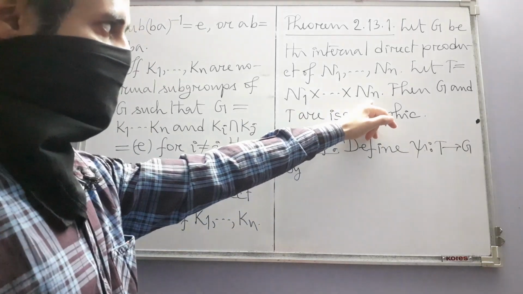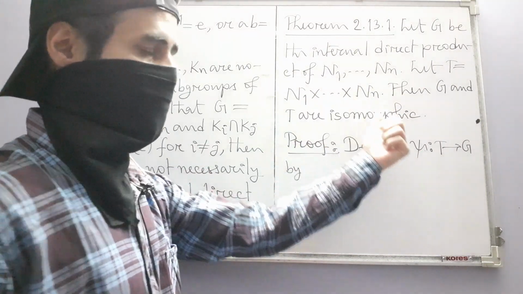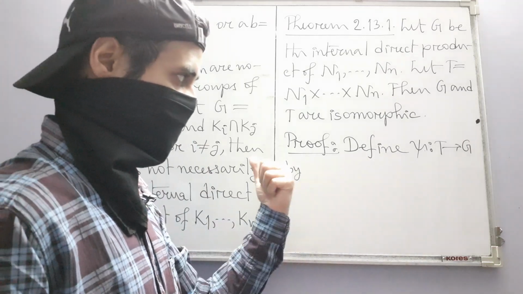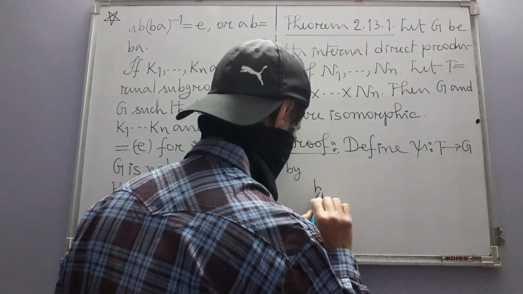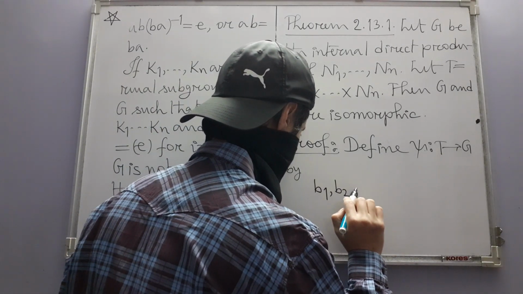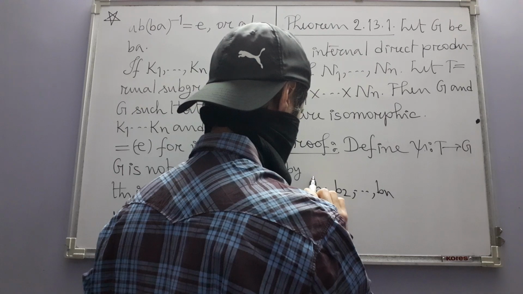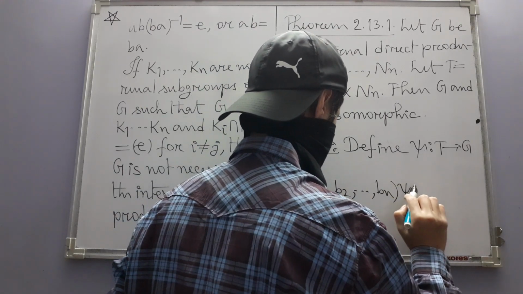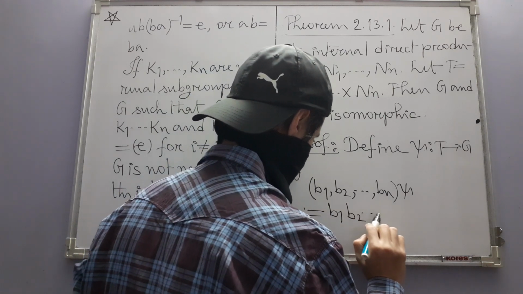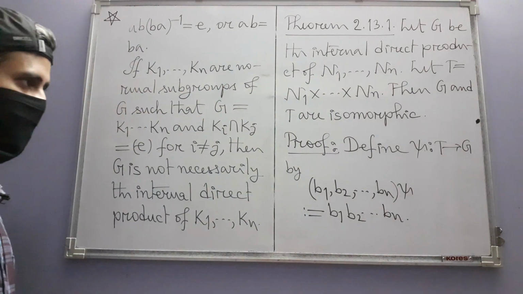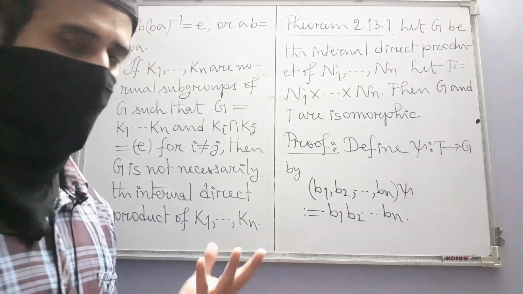Because T after all as a set is a Cartesian product of n sets, so the general element is going to be an ordered n tuple of elements coming from these sets. So it will in general look like this, where the ith component is coming from the normal subgroup Ni. Its psi image we are defining to be just the product of these elements. The first thing you have to make sure is that this psi is well defined as a function. It's a legitimate function.